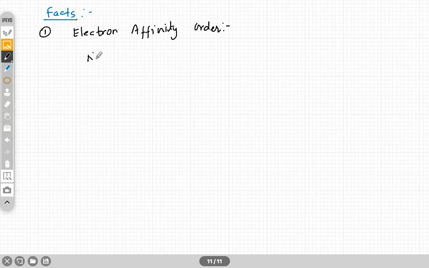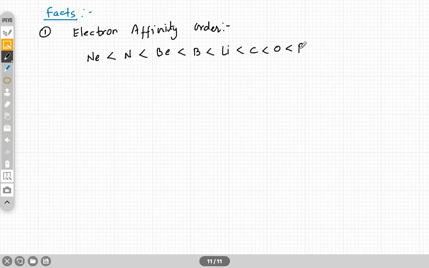It is minimum for neon. I'm talking about group 2. Then we have nitrogen, then beryllium, boron, lithium, carbon, oxygen, and fluorine. Neon is a noble gas, it is positive. Nitrogen also has a positive value, so we have to provide energy for this. And this is the order we have for electron affinity.